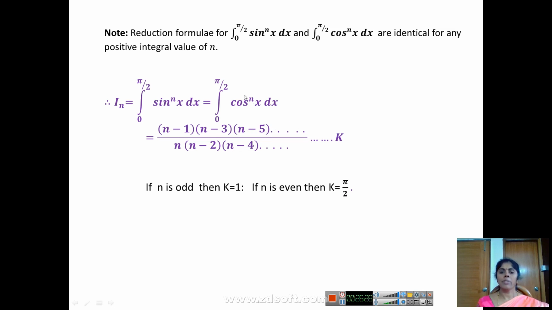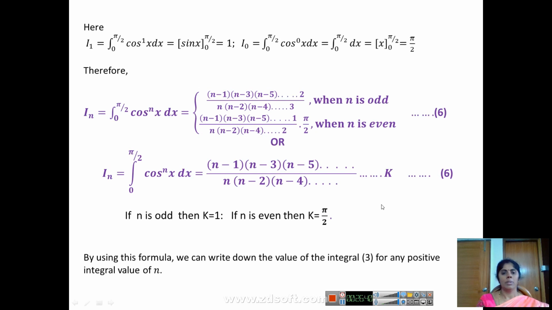Here we have to consider n as well as k. If n is odd, k becomes 1. If n is even, k becomes pi by 2. Same thing I have explained here.